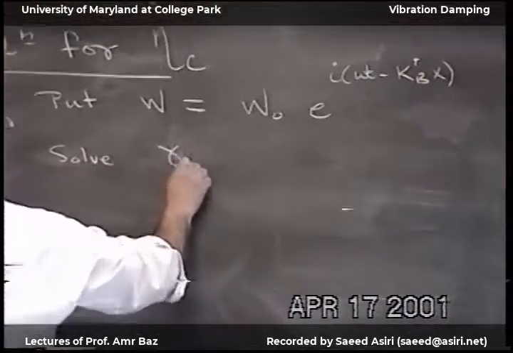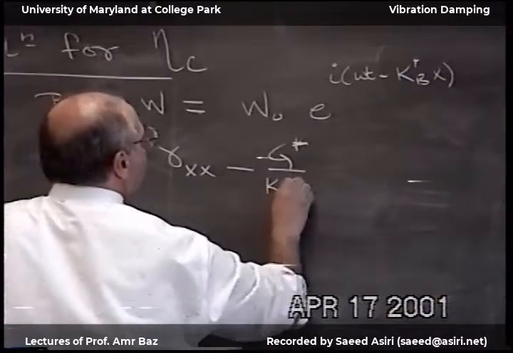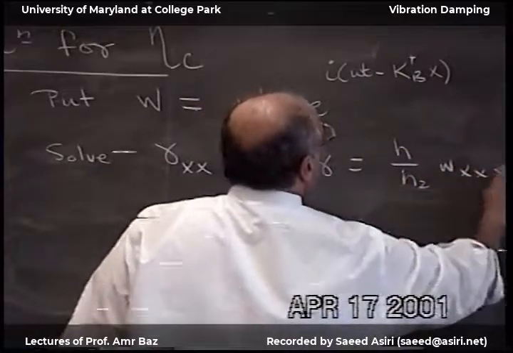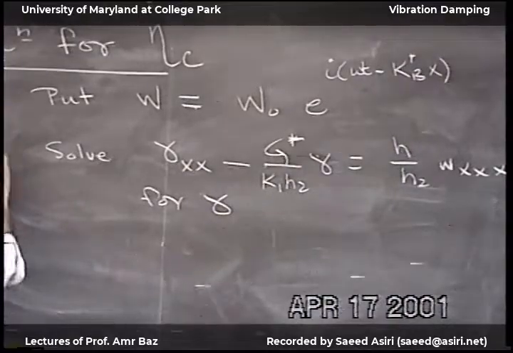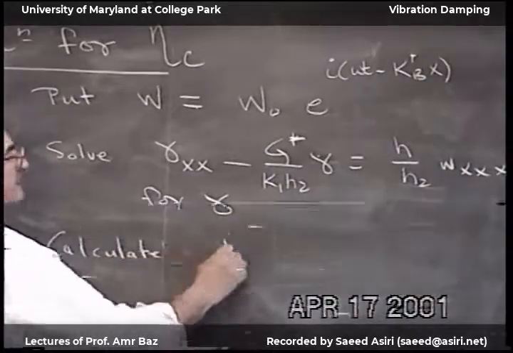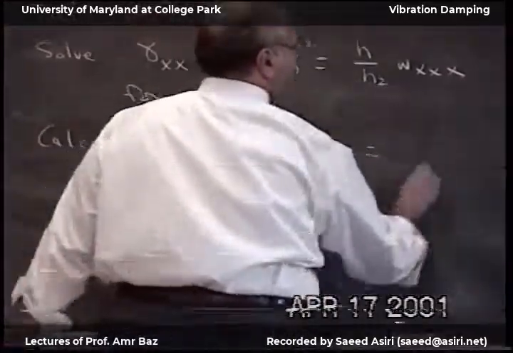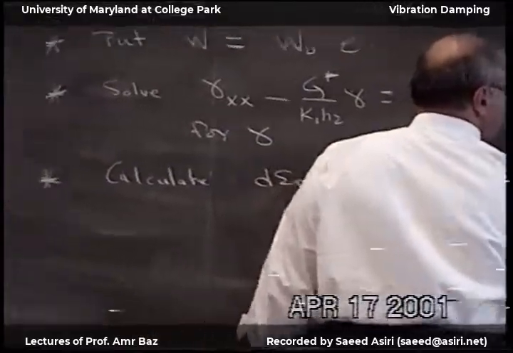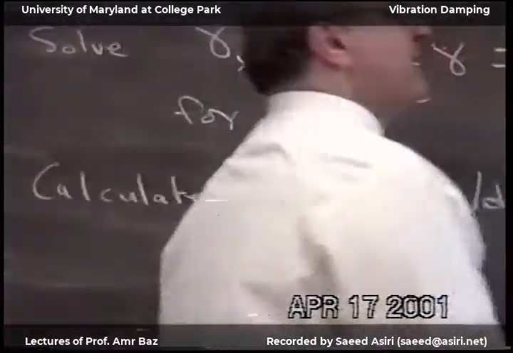Solve gamma_xx for gamma, and then calculate dE/dx, which is pi G prime eta viscoelastic H2 gamma squared.